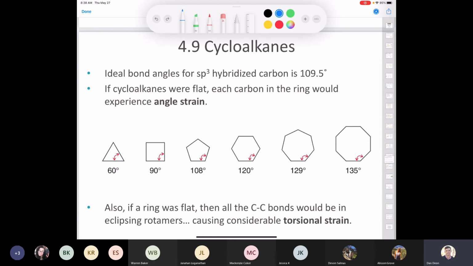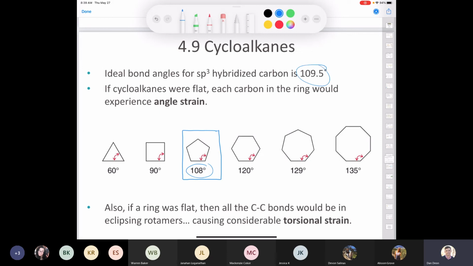What's interesting is that when chemists analyzed the stability of cycloalkanes, and there's some interesting history mentioned in our textbook, they thought that small cycloalkanes like cyclopropane and cyclobutane didn't even exist. They said these things are way too unstable because the bond angles shown on this slide are so small, 60 degrees, 90 degrees. They postulated that the most stable of all the cycloalkanes should be cyclopentane, because its bond angle is the closest to 109.5 degrees.